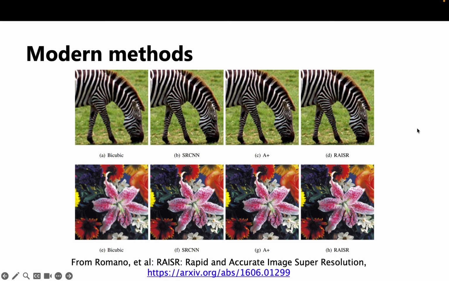And in the modern methods, the popular one is what we call image super resolution. The idea is we try to make the image clearer and sharper. So if you have a 2K or 4K or even 8K TV at home, usually this method is applied in the end.